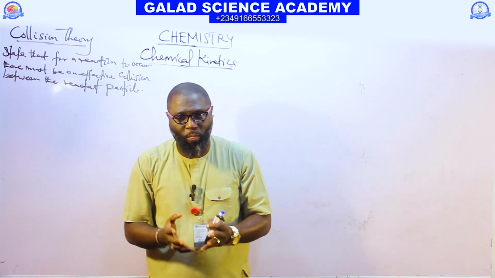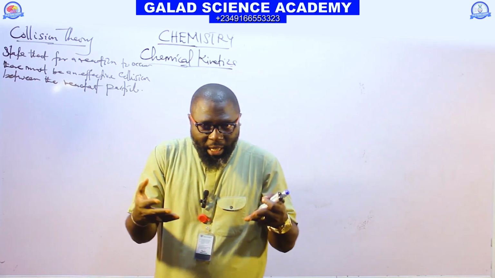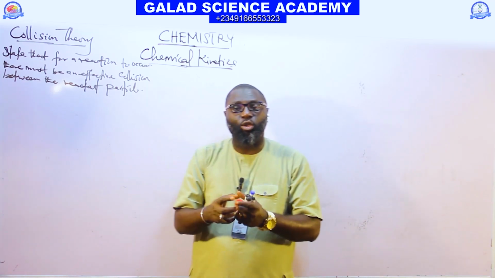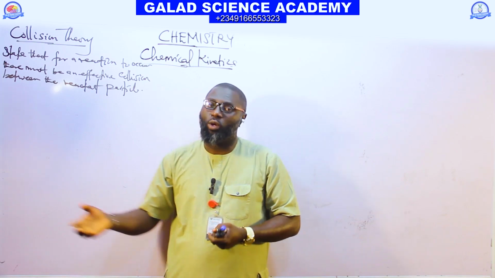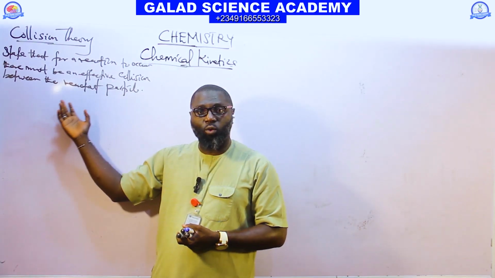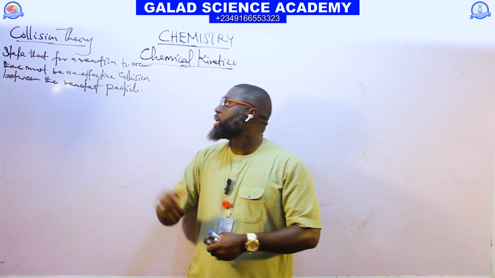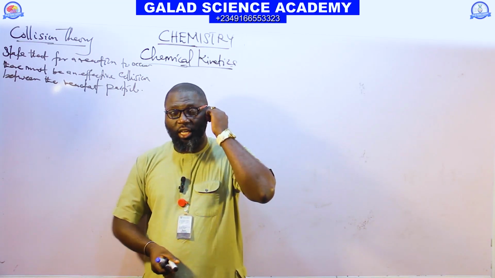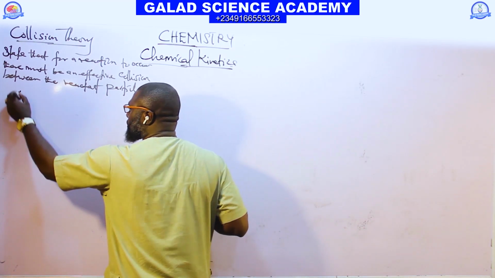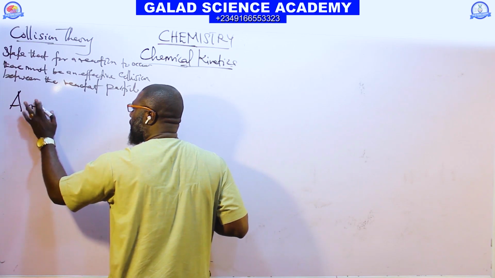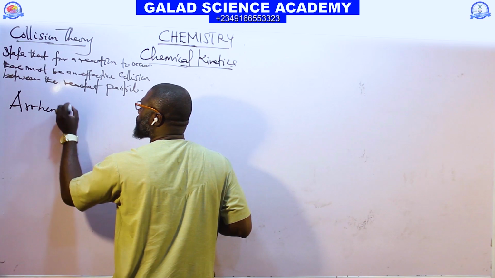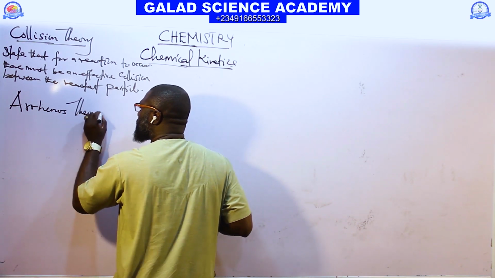Before anything can be formed, the two reacting particles must collide together. So the product of the collision is what we have after the two particles collided together. The next thing, which collision theory leads us to, is what we call the Arrhenius theory.